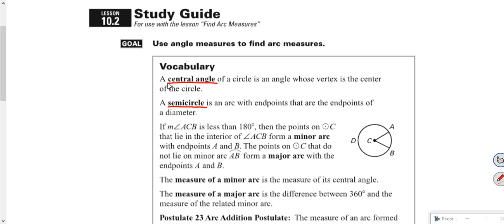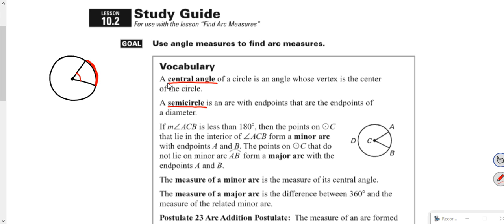It's an arc with endpoints that are the endpoints of the diameter. So if we have a circle, if this is my center, this would be a central angle, and the central angle is the same measure as the arc length. We're going to get there in just a minute.